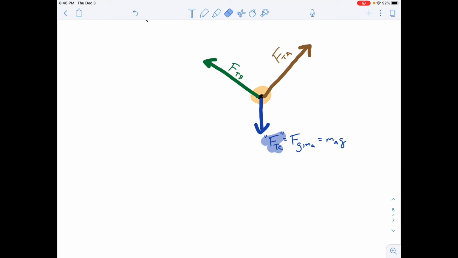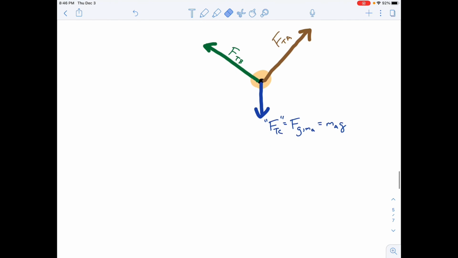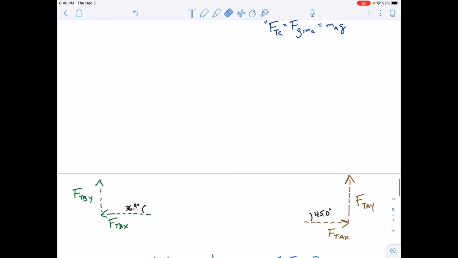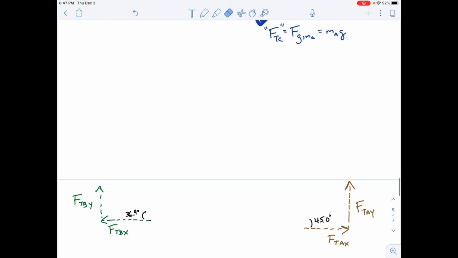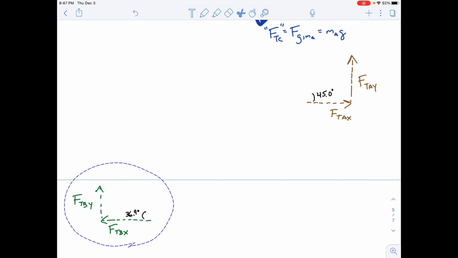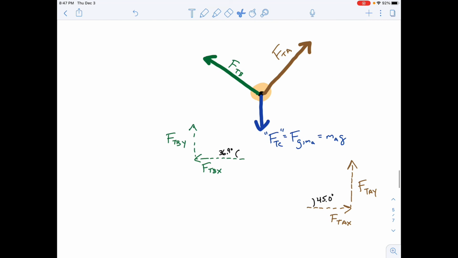Well, it becomes a vector problem, and it becomes a vector problem where the resultant is zero. We don't want a resultant. We don't want this thing to move. So one of the first things we need to do is talk about the components of those two vectors that are at angles. I already have it kind of pre-done.